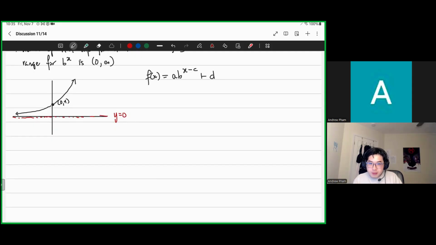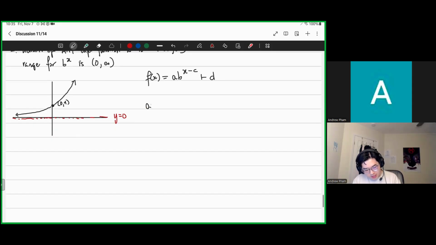And it's exactly what you expect, right? A is a vertical scaling. It acts the same way as you worked with 2 weeks ago. X minus c, that's your horizontal shift, which is exactly what you expect.